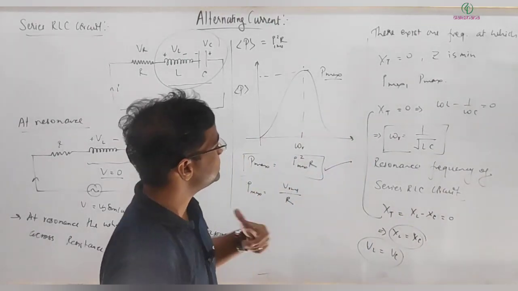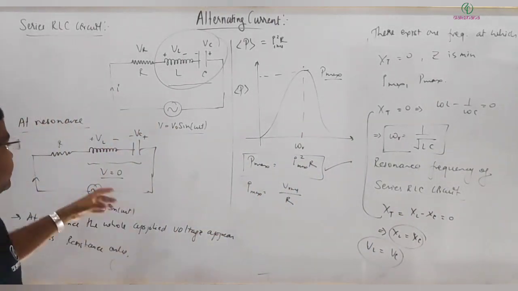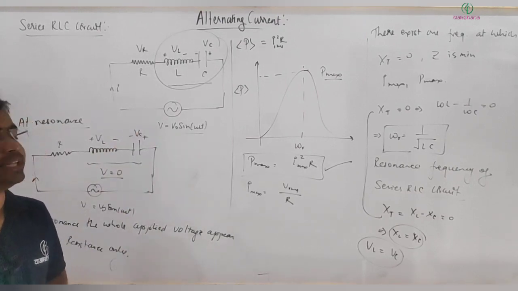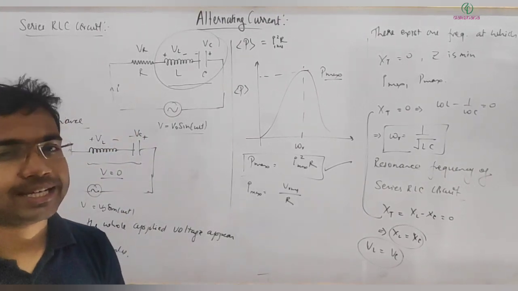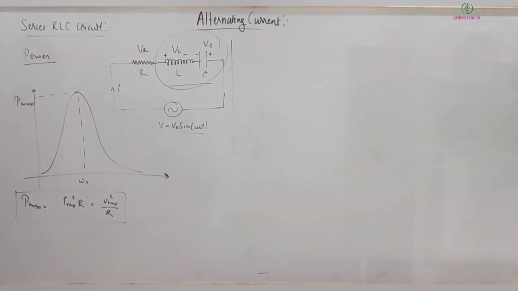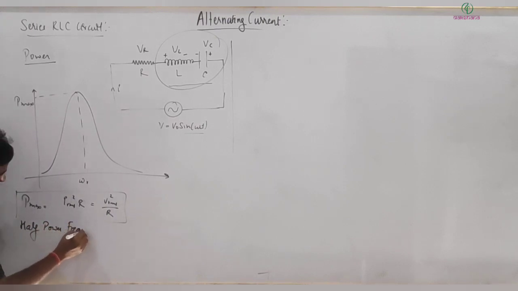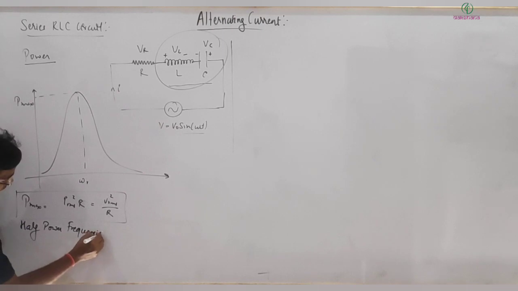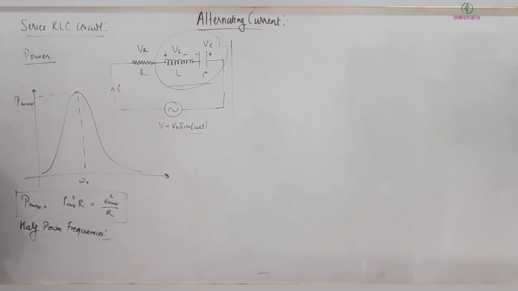Is it? So there is one more thing, which is called bandwidth. What is that? Let me tell you first. So for the RLC circuit and power we got, here we define something called half power frequencies. What is that? This is maximum power and that is omega r.